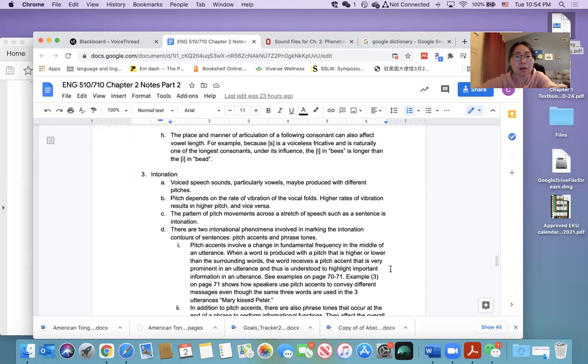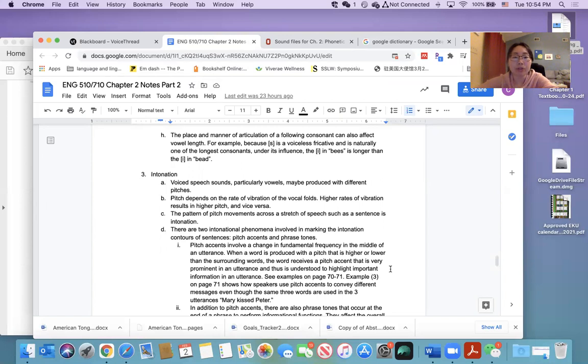Intonation. Voiced speech sounds, particularly vowels, may be produced with different pitches, and depending on the different pitches, these are considered intonations. Pitch depends on the rate of vibration of the vocal folds, right? These are all voiced, of course.